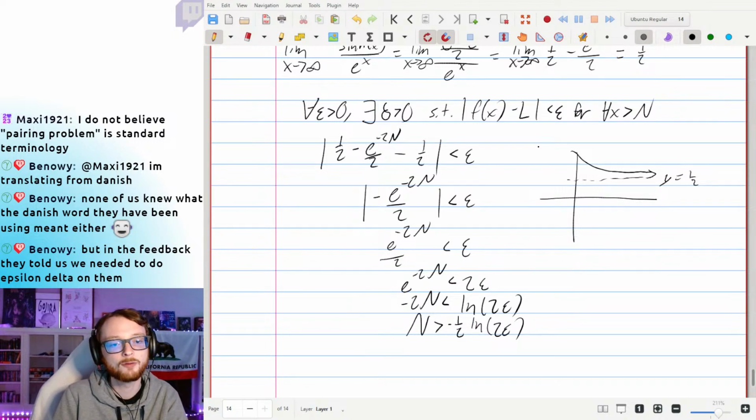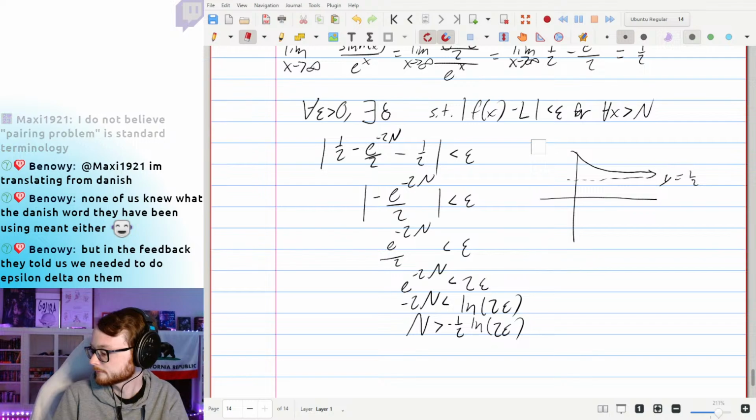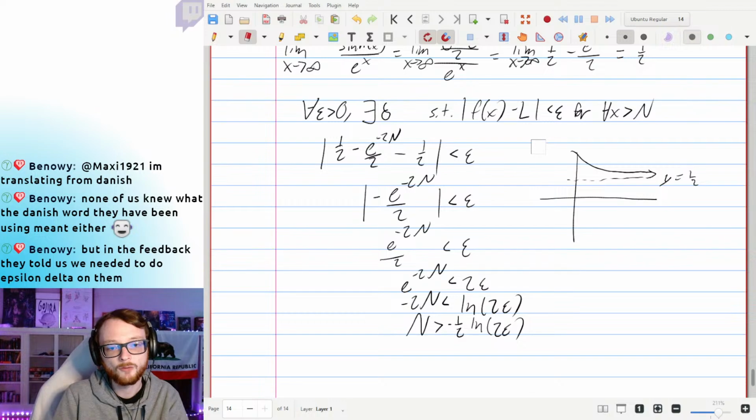Actually, is this even... Do you need that to be... I don't think you need that to be bigger than 0. It's an actual x value here.